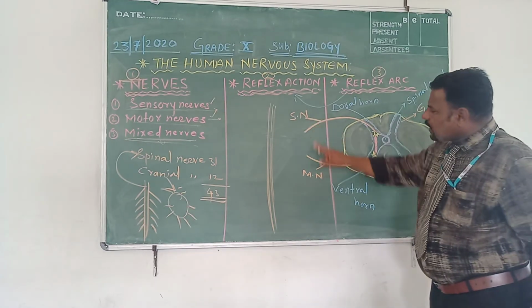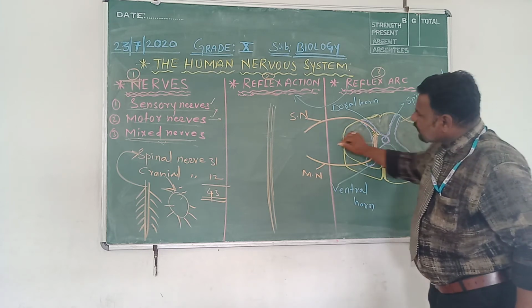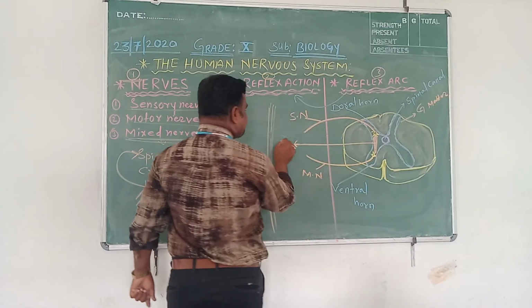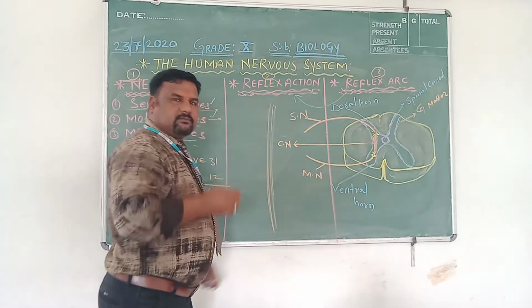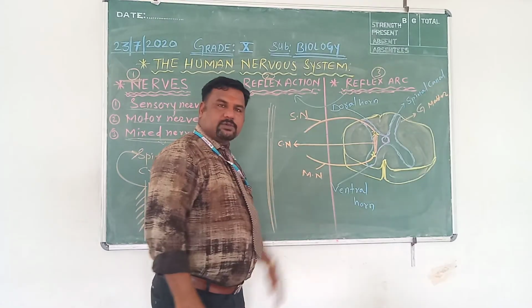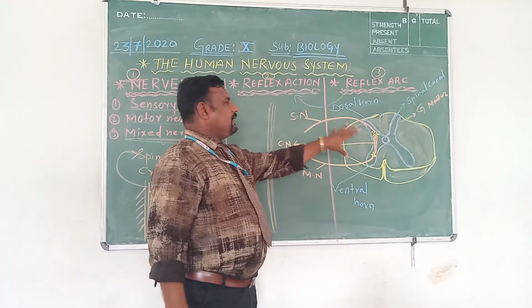Both are connected with the help of this connection. This is the interneuron, or connecting neuron, or associating neuron, which connects the sensory neuron with the motor neuron. Like this is the arrangement of the reflex arc.